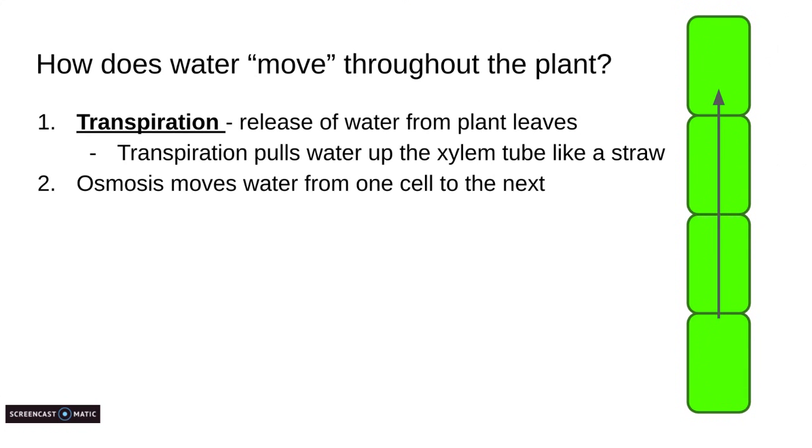It moves up. And now because we just moved some here, there's less than in this cell. So this is our high to our low, and it moves up. And now this cell doesn't have very much, but this cell has a lot, and so it moves up. And so we call this osmosis, and successive osmosis is the term you're going to hear. Successive meaning osmosis from one cell to the next.